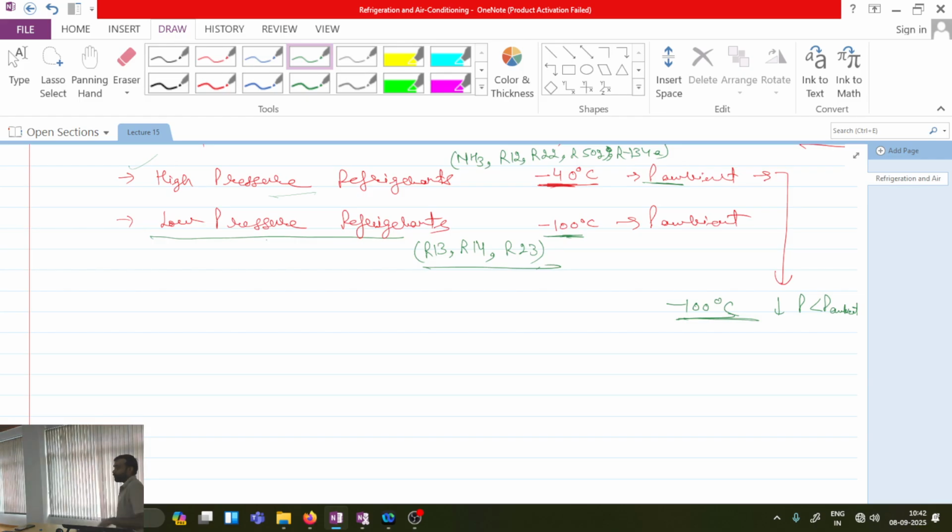Now, for achieving extremely low temperatures, we will use one simple standard refrigeration circuit for low temperature conditions and another refrigerant circuit for high temperature conditions, and the condenser of the low temperature refrigerating circuit will act as the evaporator of the high temperature refrigerator. Is this point clear? So this is how we will be clubbing the system. So we call this type of system a cascade refrigeration system.